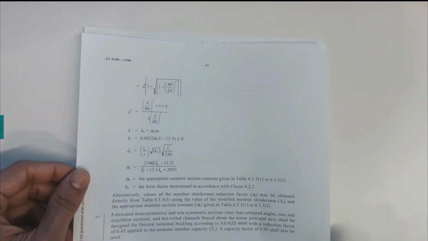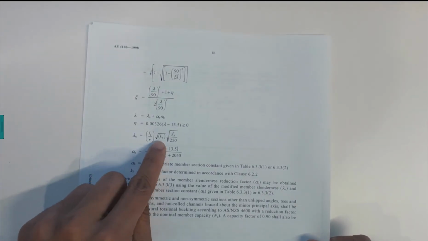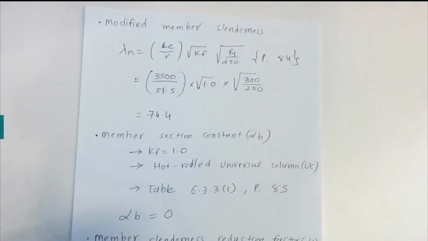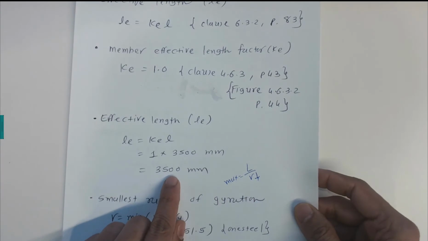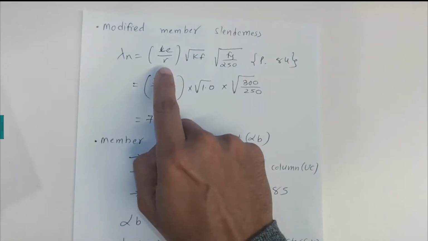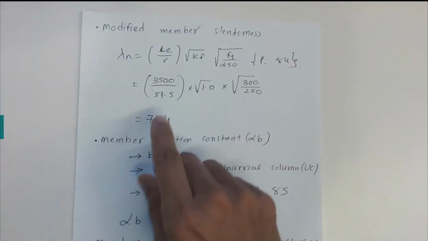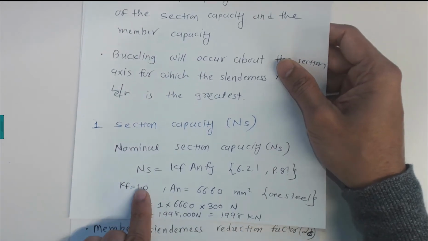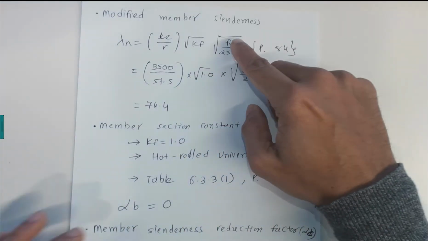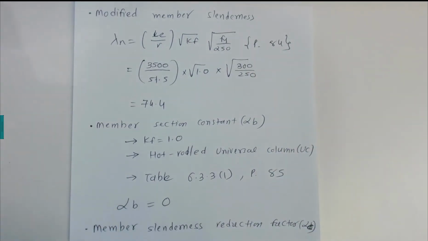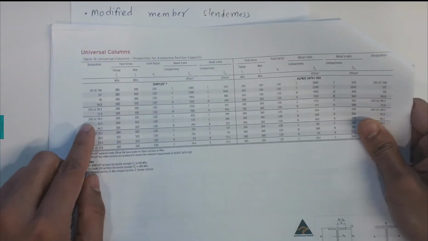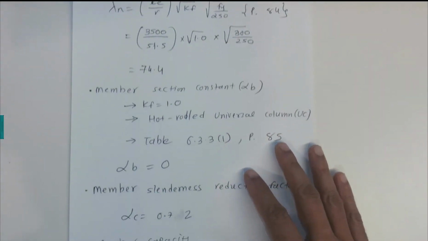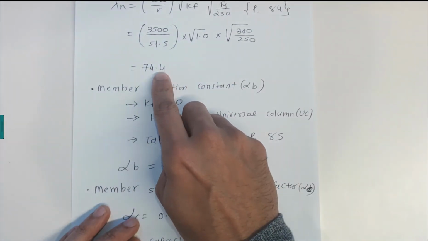Lambda n is Le over r times the square root of kf fy over 250. Substituting the values: Le is 3500 millimeters, as we calculated in the previous step, the radius of gyration is 51.5 millimeters, kf is 1 from the OneSteel table, and fy is 300, from page number 17 for 200 UC 52.2. The yield strength between 300 and 320 is 300. The calculation gives 74.4.